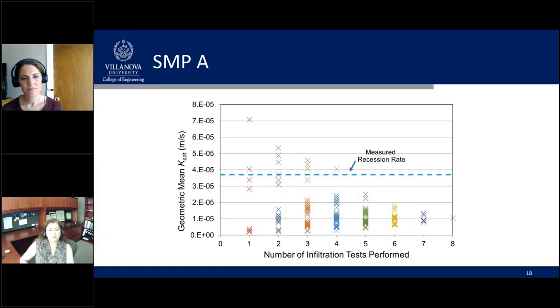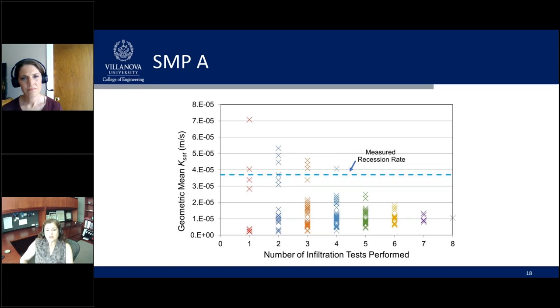So if we take the data and we plot it up, this is what it looks like. If we look at where it says number of infiltration tests performed and the number 1, those red X's represent all of the different spot infiltration tests that we performed with the Saturo device. If we look at where it says 2, that's where those combinations come into play.